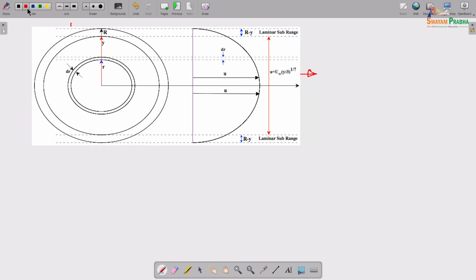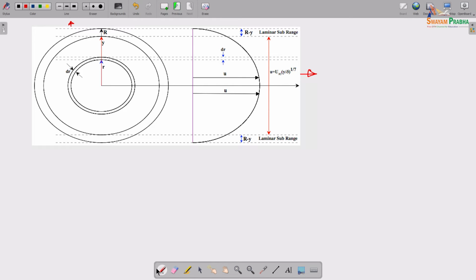So now let me just define a few things. In here, we're going to say that this one, okay. Now let's say this is y, and r is also in this direction. Now this one is say r, and then this is dr. Okay, let's say it is the y direction.